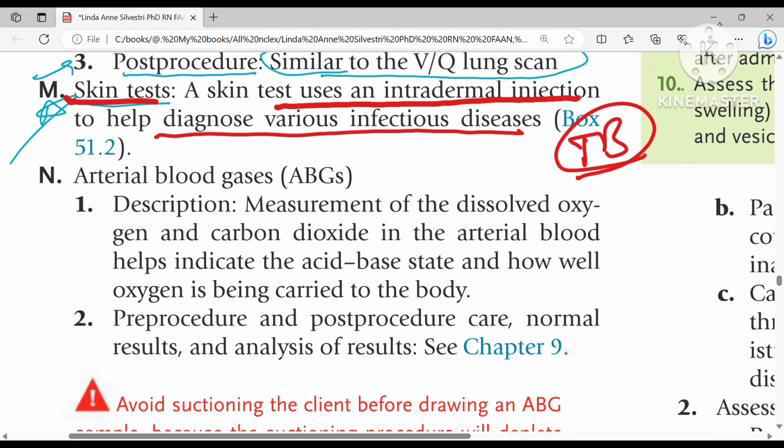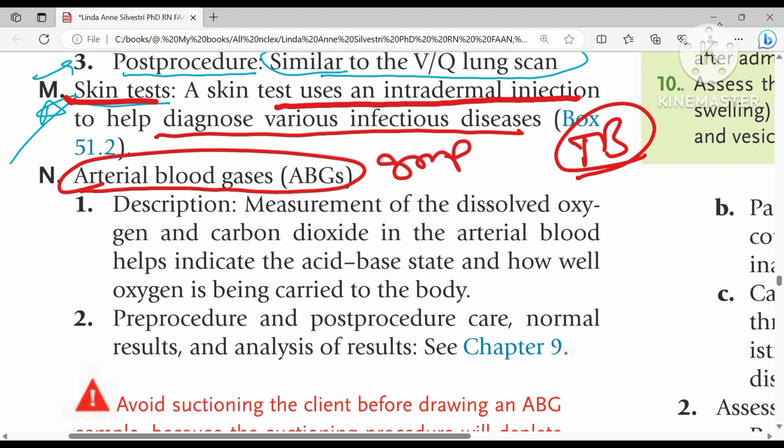Next one is ABG. So this is a very important point. What is ABG? This is arterial blood gases. So we will take a sample from the arteries and measure the oxygen and carbon dioxide in the blood gases, which indicates the acid-base balance.